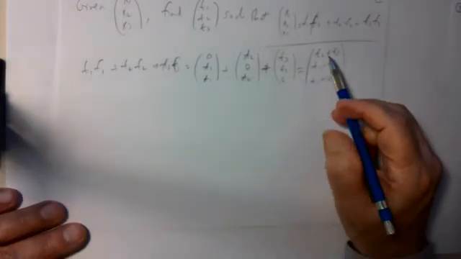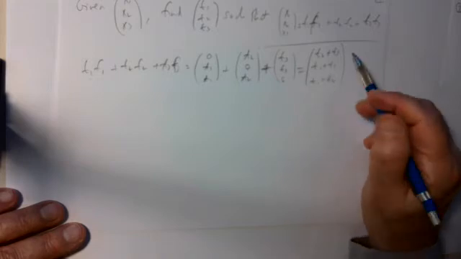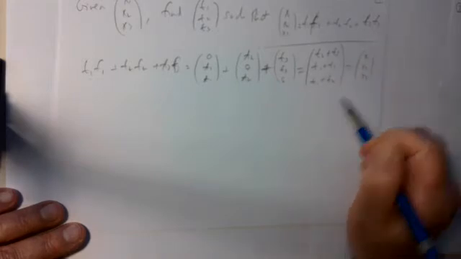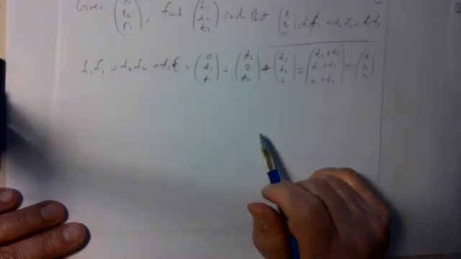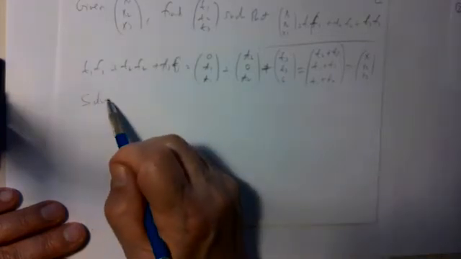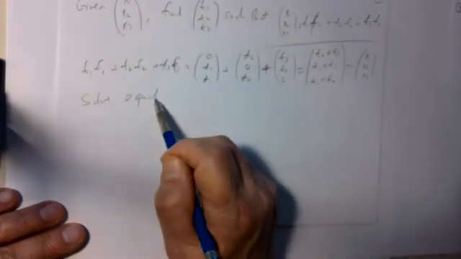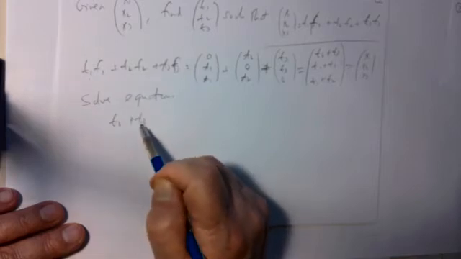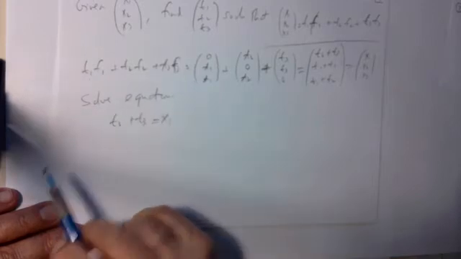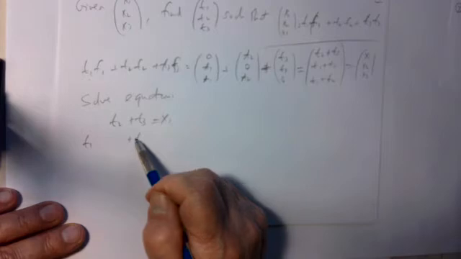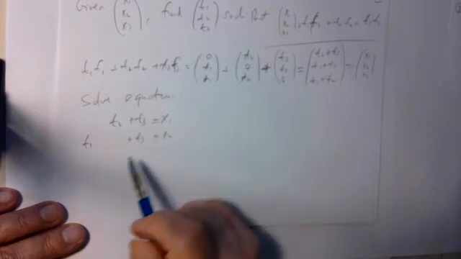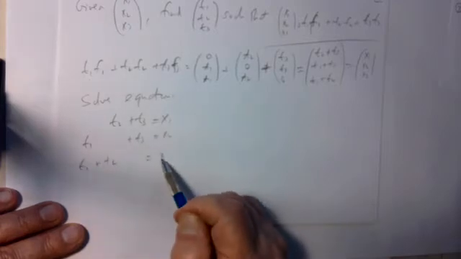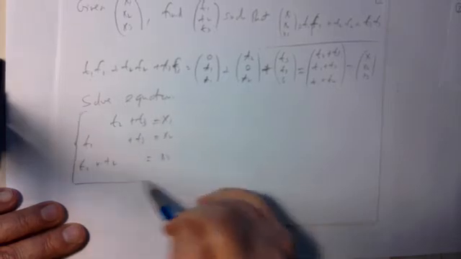And the question is, can I find numbers T1, T2, and T3 such that this equals (x1, x2, x3)? That means I have to solve the following system of equations. T2 plus T3 equals x1. T1 plus T3 equals x2. T1 plus T2 equals x3.